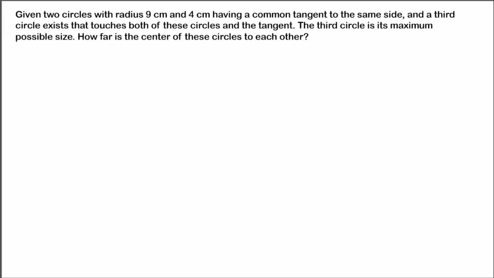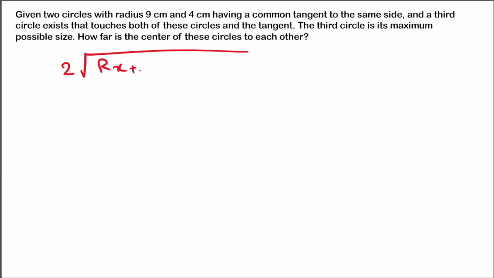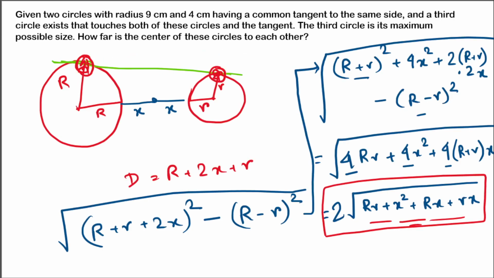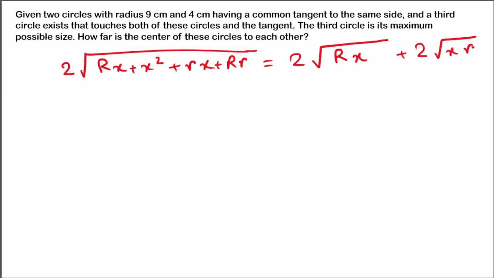Okay, so let us say we have 2 under root of, we'll write this distance first, rx plus x square plus rx, right. So this should be equal to 2 into rx plus 2 into xr, right. First of all, this 2 gets cancelled from everywhere.